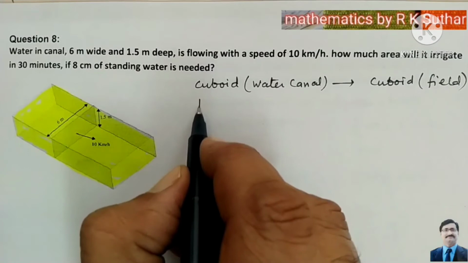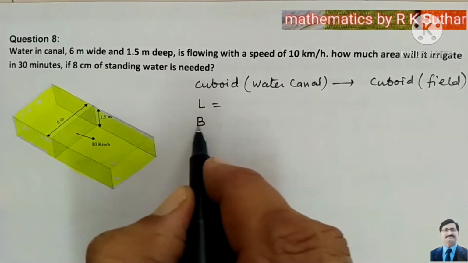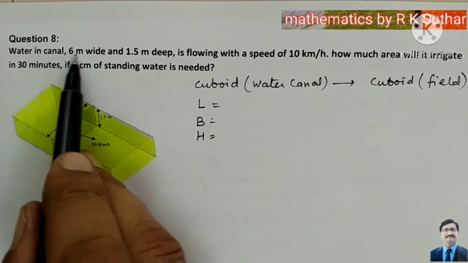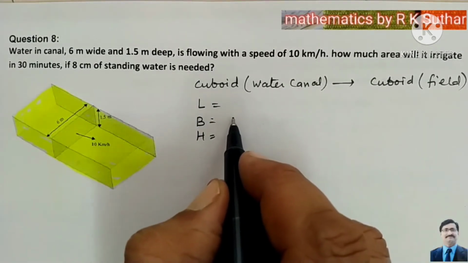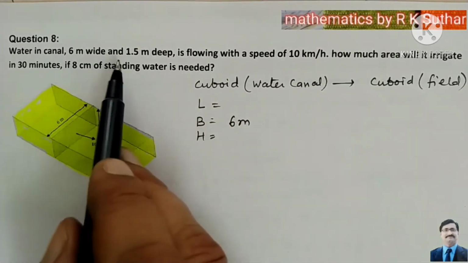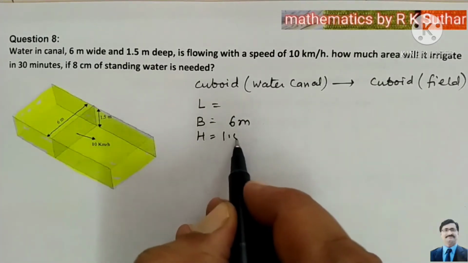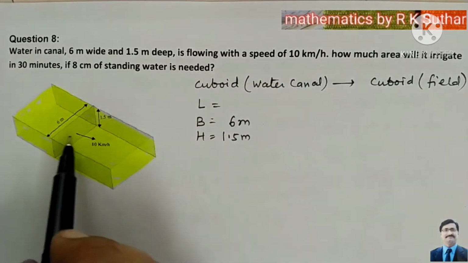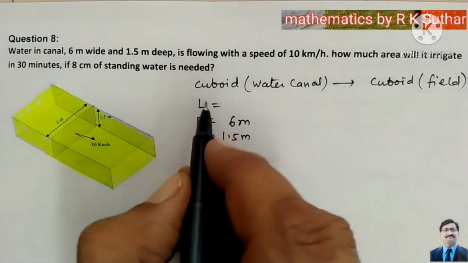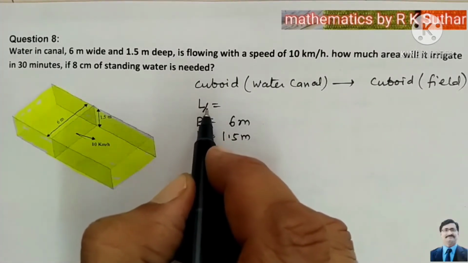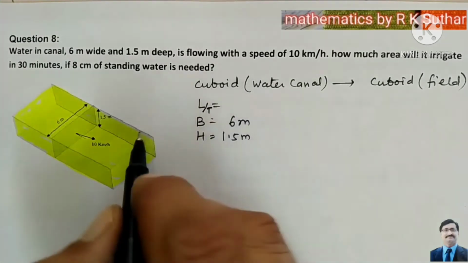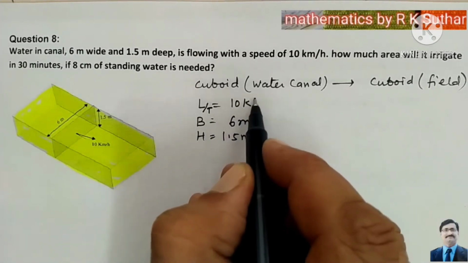Now here this length we write here, and breadth we write, and height we write. Look here, the width is 6 meter, so we can write here 6 meter. Okay, and 1.5 meter deep means we can write here 1.5 meter. And look here, this speed will be length upon time, which is given to us, 10 km per hour.